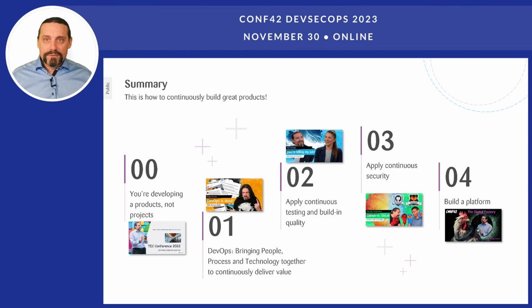This brings us to the summary, how to architect for continuous delivery. First of all, you need to go away from that projects mindset into a products mindset. We want to put the customer into the center, and we want to solve the problem of the customer, and we don't want to do projects for our customers. Then it is very important to apply DevOps or DevSecOps.